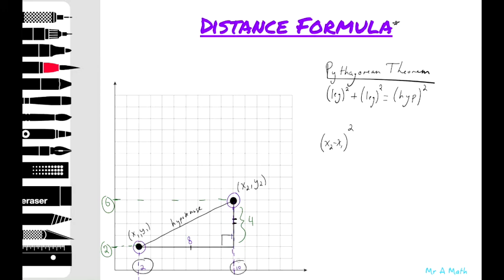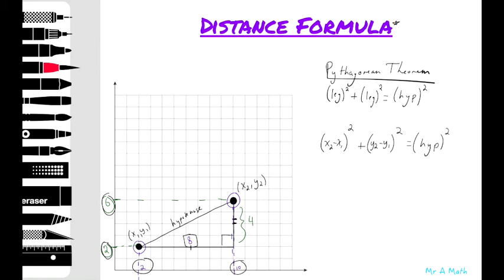I took my 10 and I subtracted it by 2 to get 8 as one of the lengths of the legs. And then the same thing goes here. I'm going to add the other length of the other leg, which is going to be just whatever the y-coordinate of the second point minus the y-coordinate of the first point. So I would label it like this, y2 minus y1. And then that's going to be equal to whatever the hypotenuse squared is.